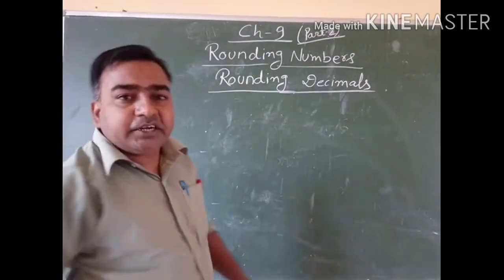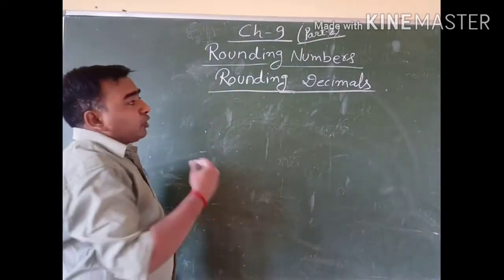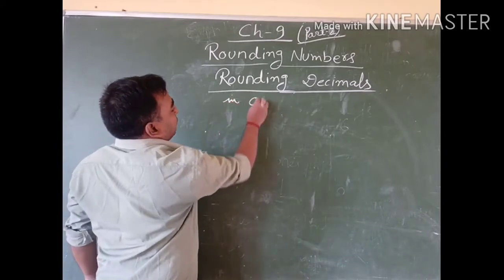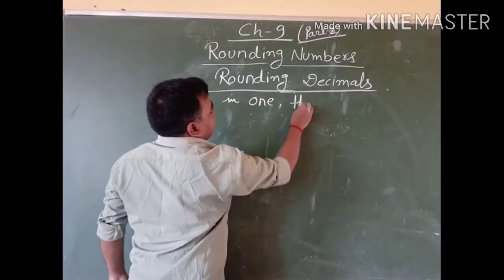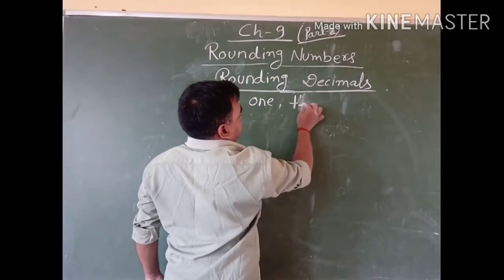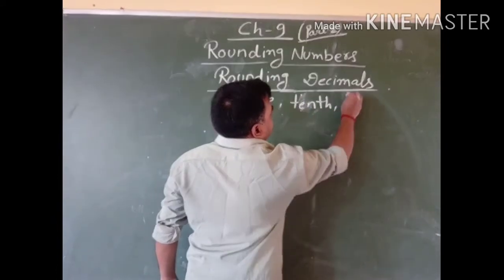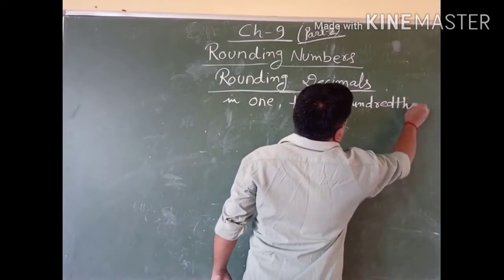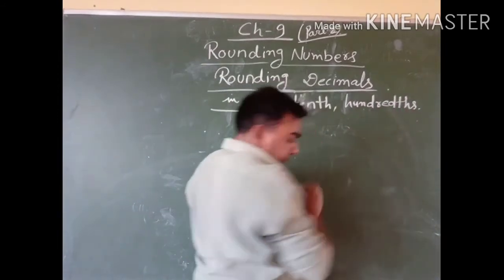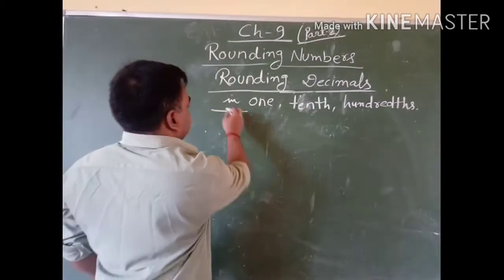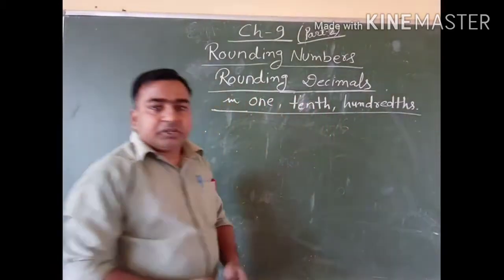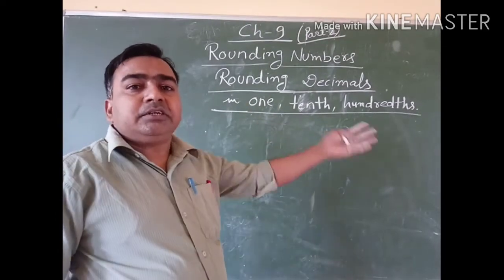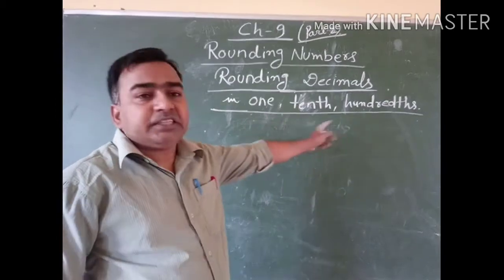How do we round in decimals? Rounding decimals in ones, tens, and hundreds. Suppose that we want to change the given decimal number in ones, tens and hundreds.